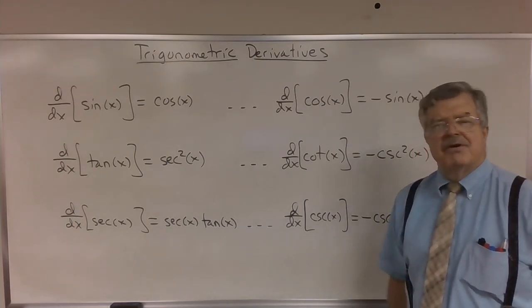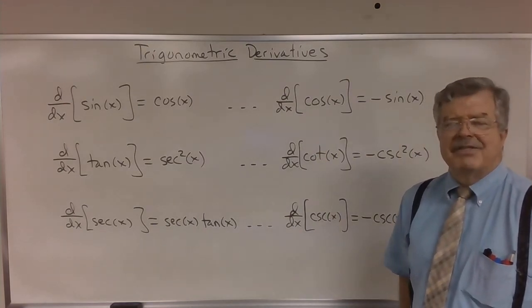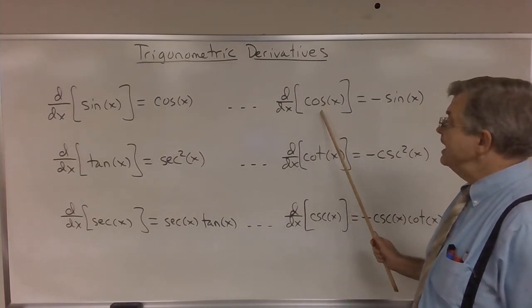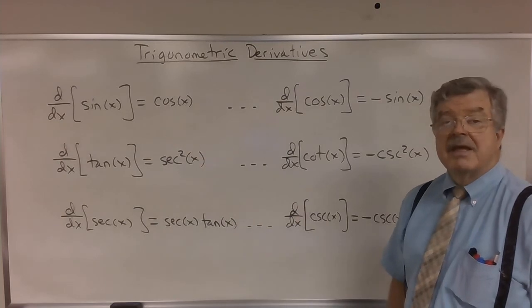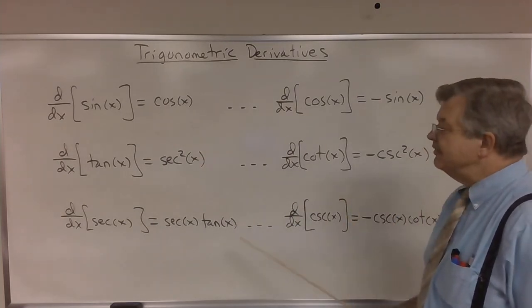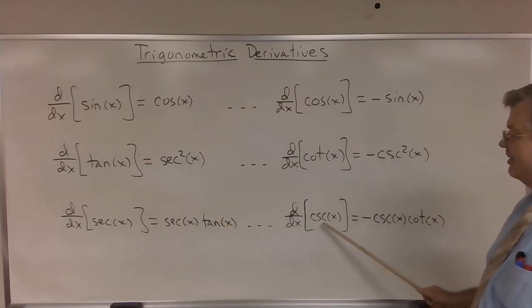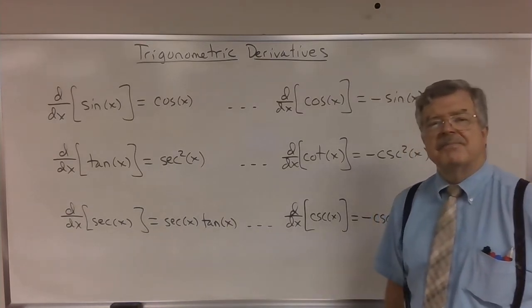Why do I call them co-functions? It's not worth the lengthy explanation. But just know that cosine of x is the co-function of sine of x, and cotangent x is the co-function of tangent x, and cosecant of x is the co-function of secant x.